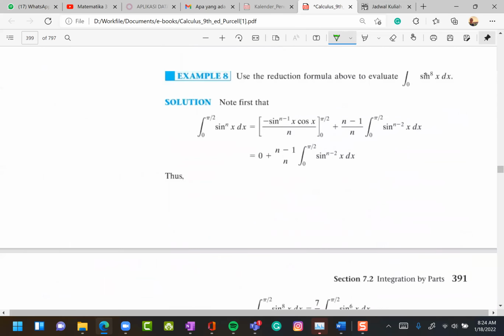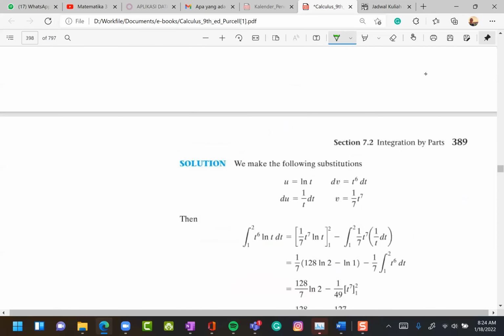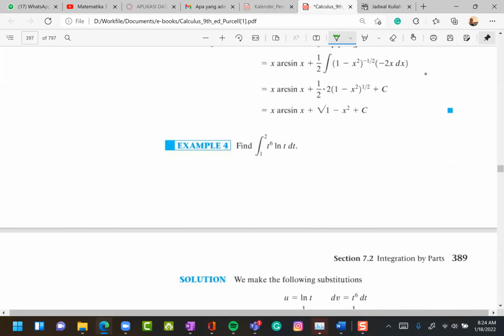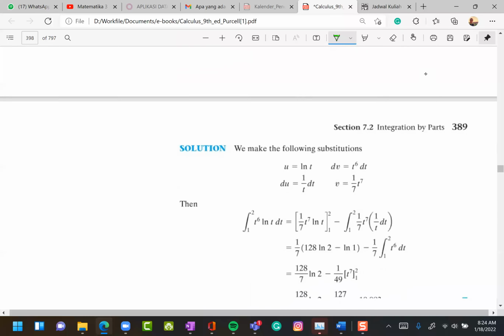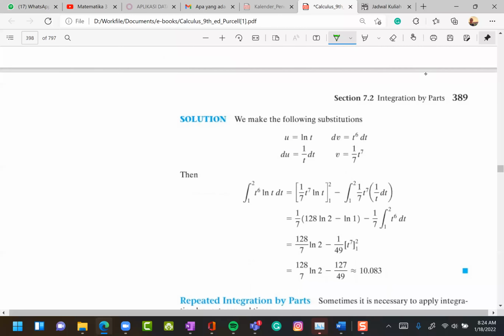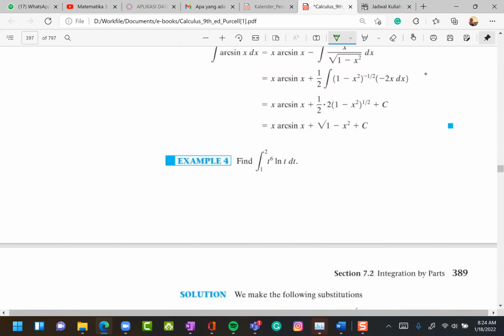Okay, so where's the other example? Let's do this one, for example. The integral from 1 to 2 of t to the 6th ln of t dt.